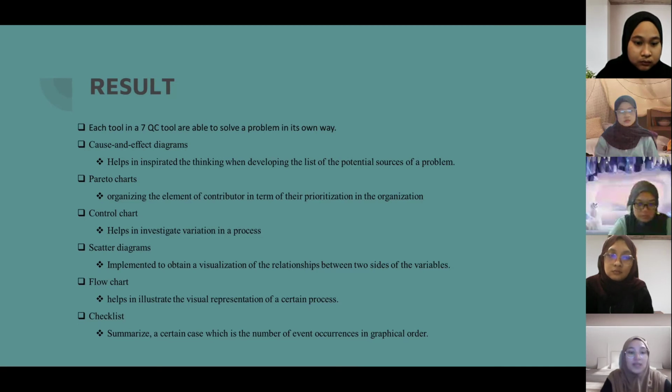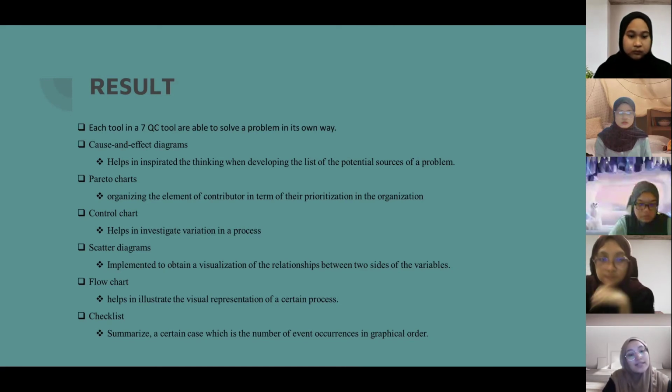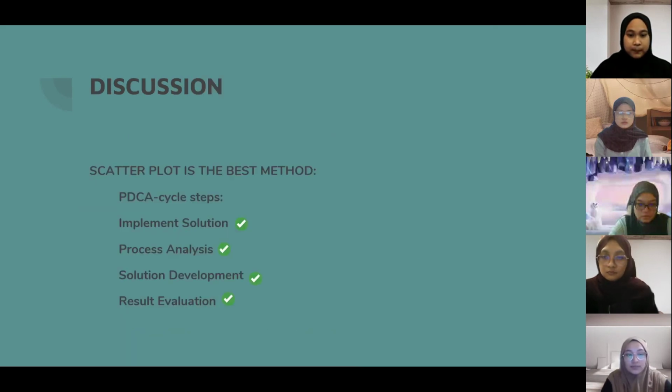The scatter diagram is implemented to obtain visualizations of the relationship between two sets of variables. The flowchart helps illustrate the visual representation of a certain process. And last but not least, the checklist summarizes a certain case, which is the number of event occurrences, in graphical order.